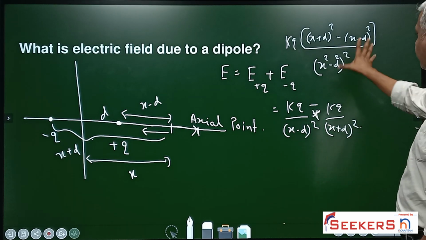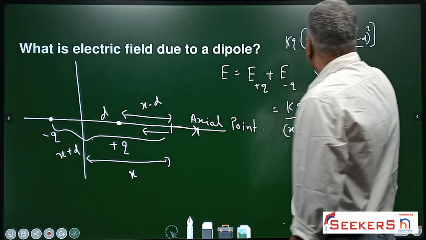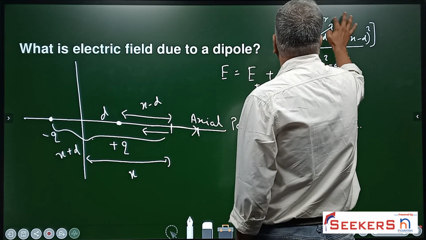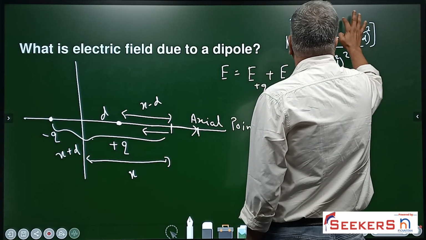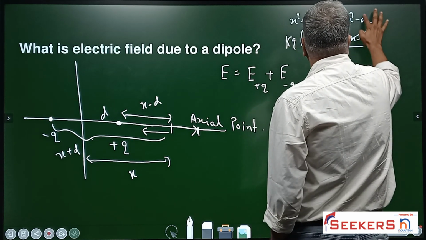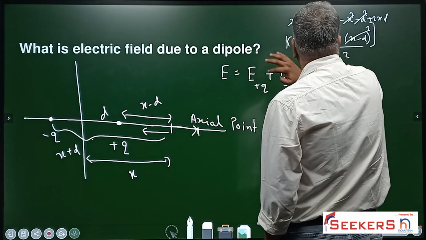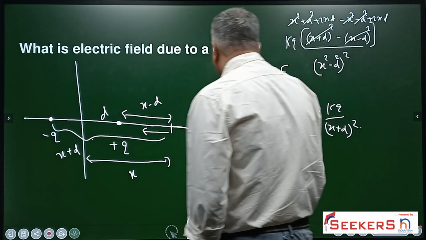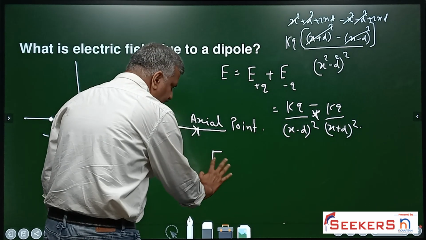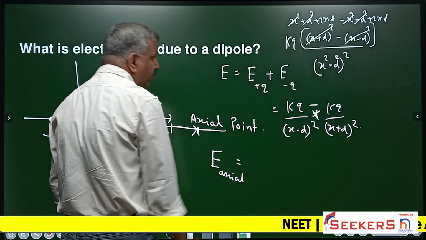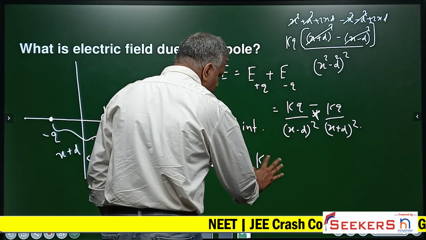So now when you simplify this, I can write this as x square plus d squared plus 2xd. I can write this as minus x square minus d squared plus 2xd. So all these will get cancelled. So you will finally get that the electric field at an axial point is equal to kq.